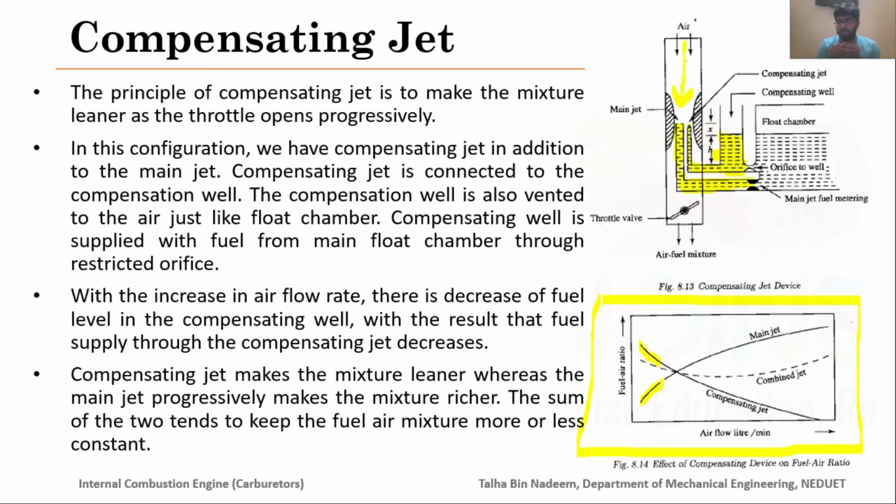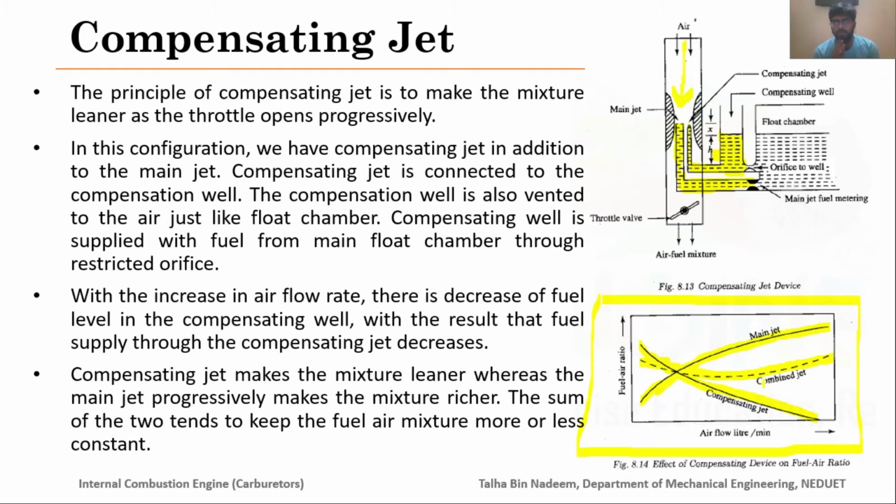And as we increase the air flow rate, the fuel supply from the compensating jet will start decreasing, whereas the fuel supply from the main jet will start increasing. And the combined jet flow will more or less remain constant.